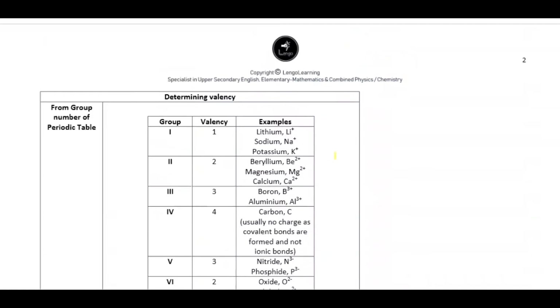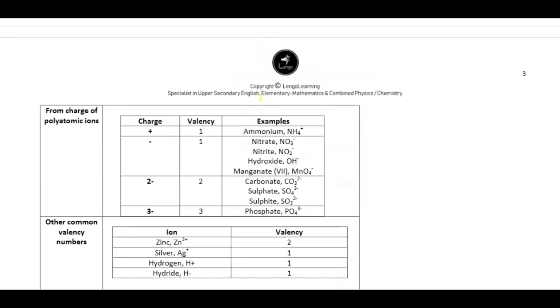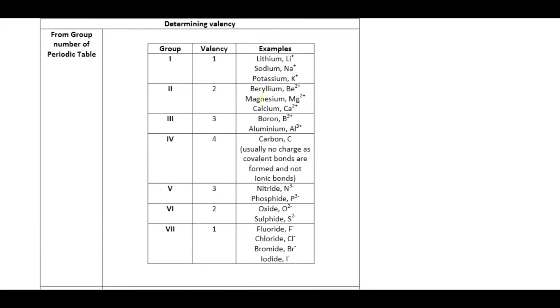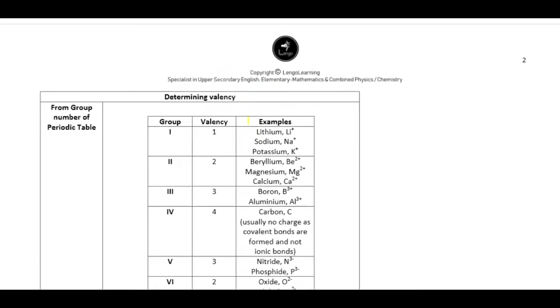Now we'll go on to something called valency, right? I'll explain further what exactly valency is, but for now, I just need you to understand how you actually determine the valency of elements. So usually when you're talking about elements, you will see that they are classified in the periodic table.